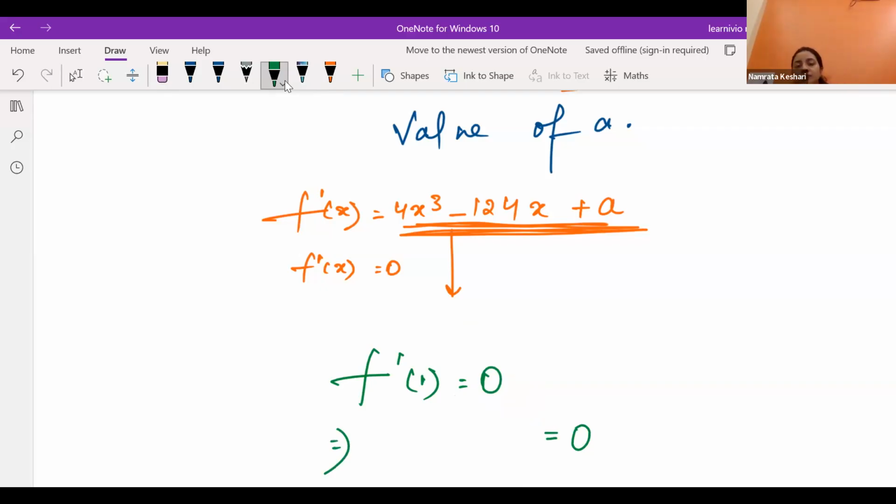Can you tell me, Fatima? 4 minus 124 plus a equals 0. So a is equal to 120. So we are getting the value of a from here, right? Yes. Okay, let's proceed.